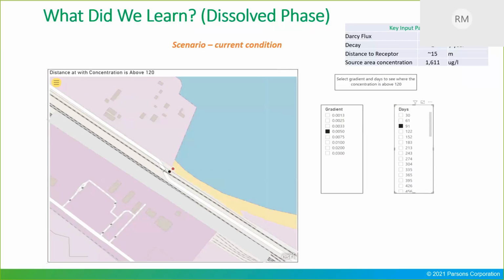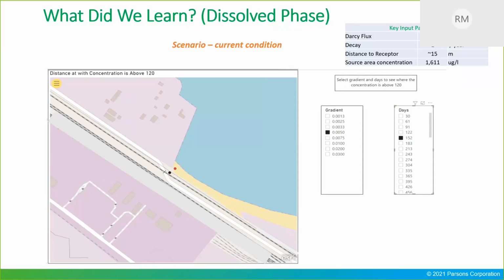But at 91 days, the plume started migrating towards the receptor. At almost 200 days, the plume reaches the receptor. So that is the maximum time the system can be turned off, either for maintenance, that is the maximum time it is risk-free when the system is not operating.